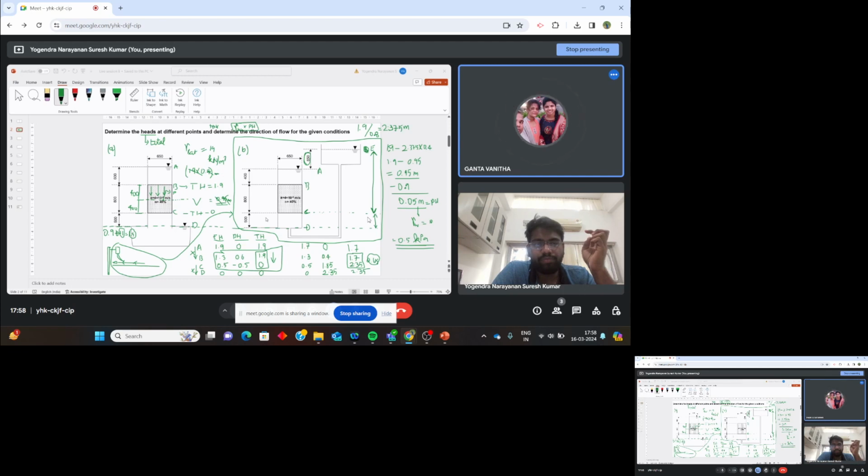Sir, once explain: here 0.95 meters is the total head or head difference? It is the total head. So H is equal to i into L. In that formula, i is equal to H by L, where H is the head loss. Why is it 0.95, total head minus elevation head?